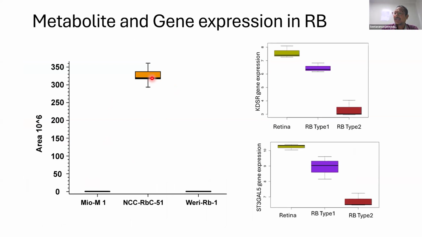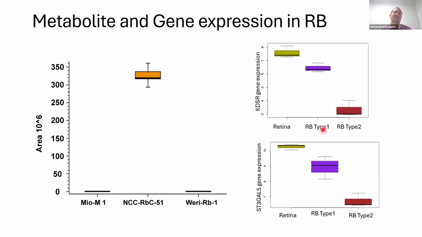And we made a Boolean expression. We have done Boolean implication analysis of all the genes in retinoblastoma, taking at least 100 gene expression data sets that are publicly available. And when we draw the gene expression data of the KDSR gene, which is an important gene in the sphingolipid biosynthetic pathway, we could understand that in the healthy retina, this is highly upregulated.